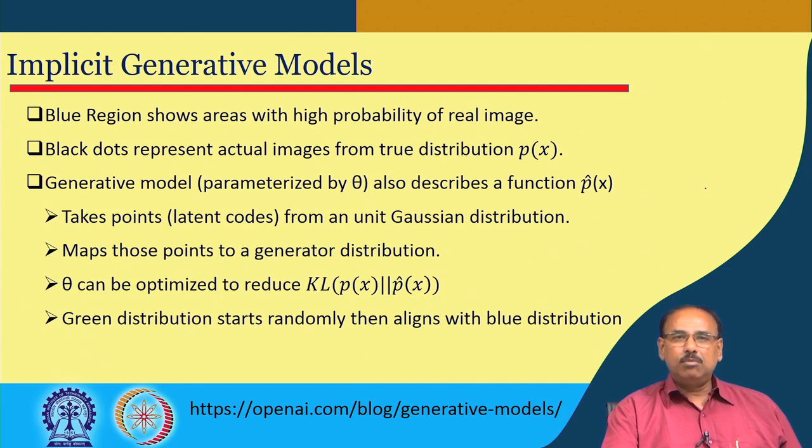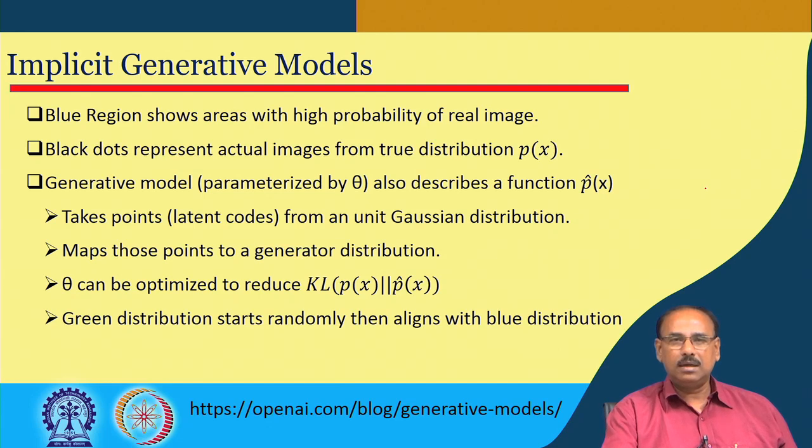As we have shown, the blue region in the previous diagram was your probability distribution of the real images, whereas the black dots were actual images, samples from the true distribution p of x. The generative model, for which the parameters are theta, gives you a distribution p hat of x.